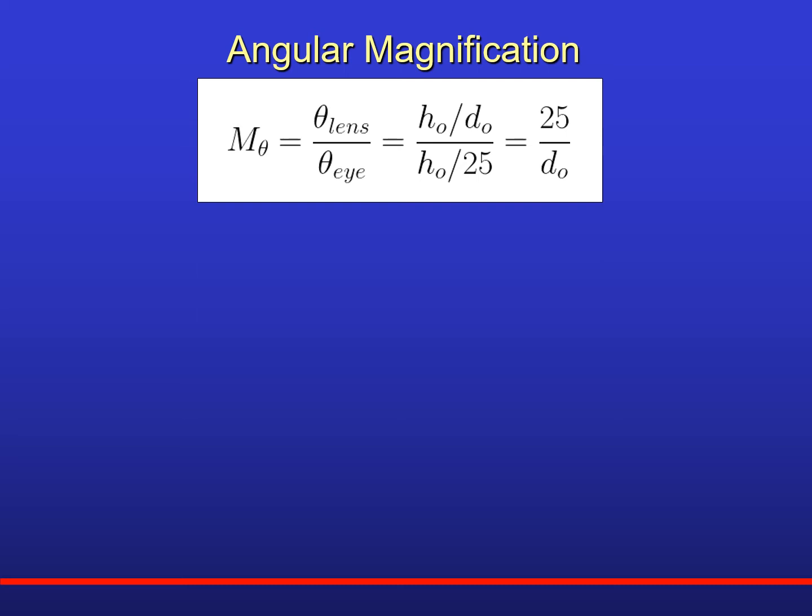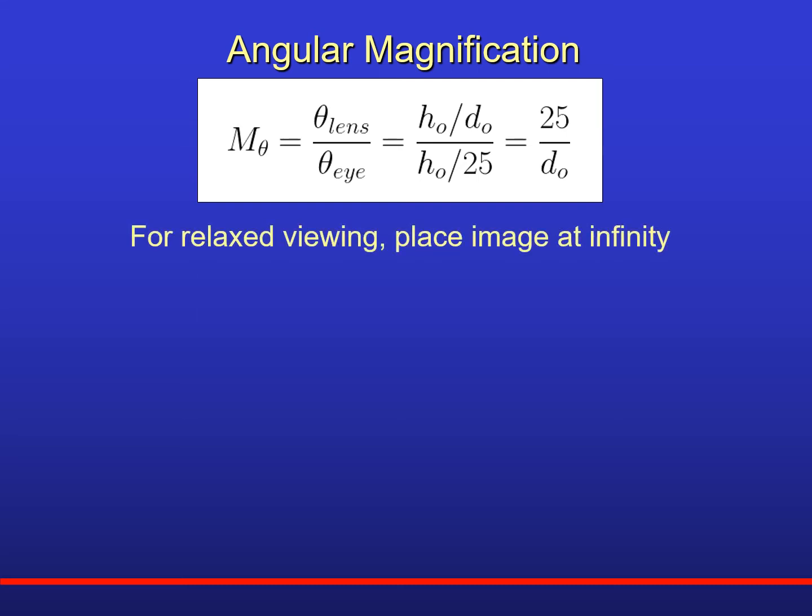Remember, you're looking at a virtual image. The best place for the virtual image is where you can look at it without straining your eyes. In particular, you can look at it with relaxed vision. Well, to have relaxed vision, you want to put the image at infinity. You say, oh, it's going to be too small. No. As it gets further away, it gets bigger, so you have the same angle of view.